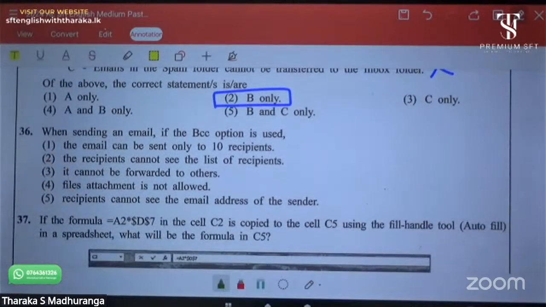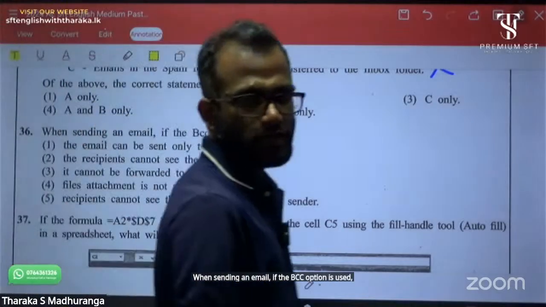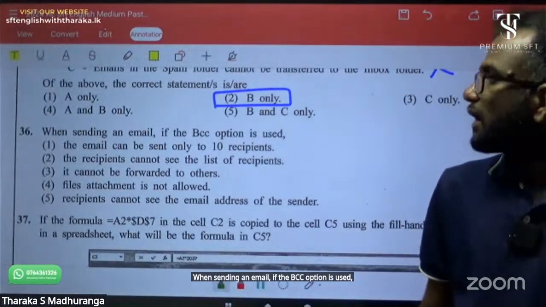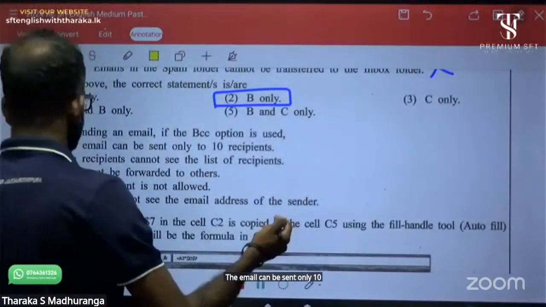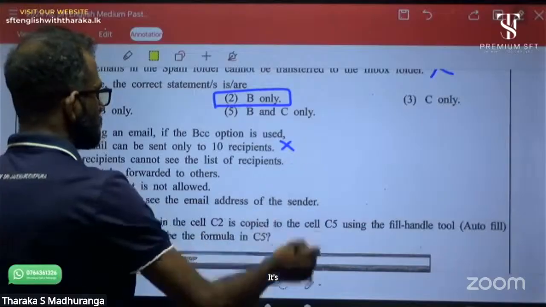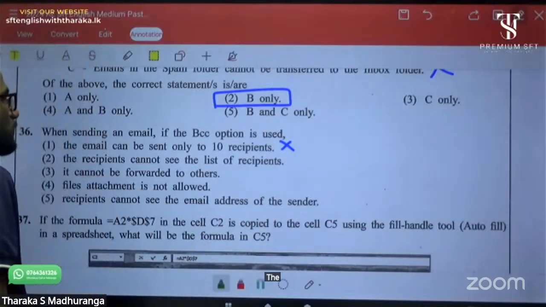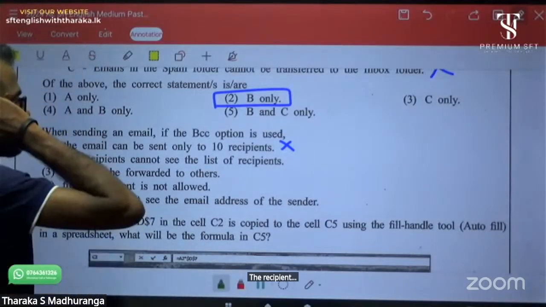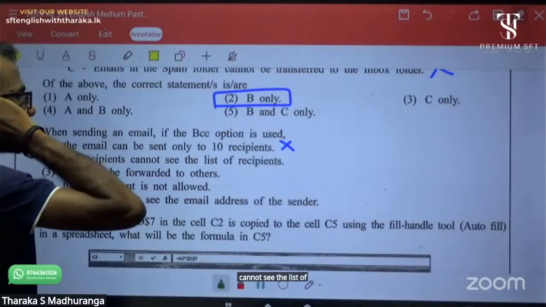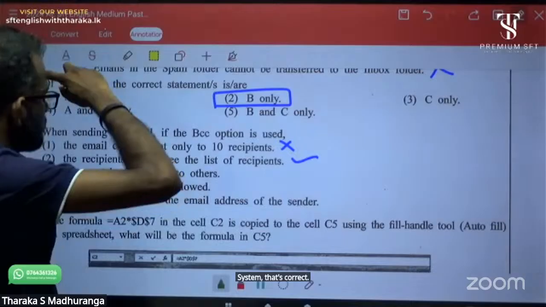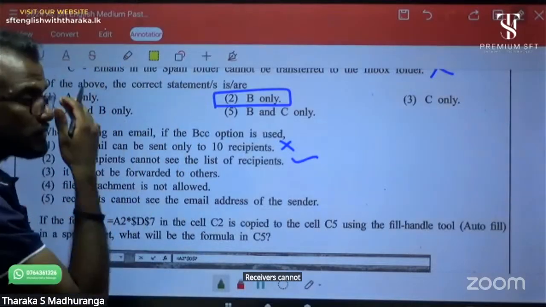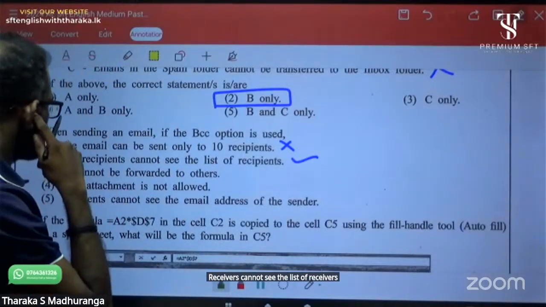When sending an email, if the BCC option is used, the email can be sent to only 10 recipients. It's wrong. The recipients cannot see the list of recipients. That's correct. Receivers cannot see the other receivers.